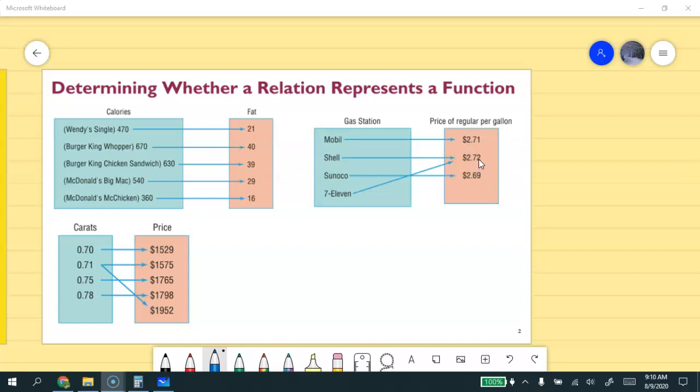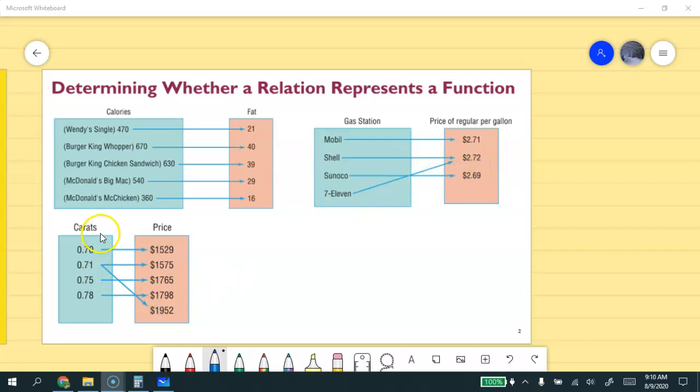All that's trying to explain with the arrows is we don't need to write down $2.72 twice, because two of the gas stations charge the same amount. So we can just make two arrows going to that same exact amount. That's all there is to it.